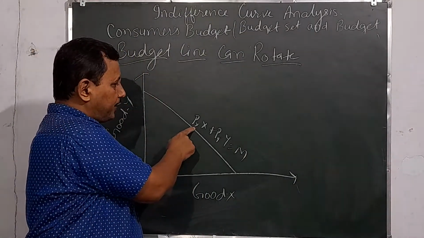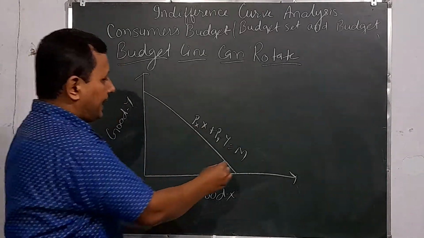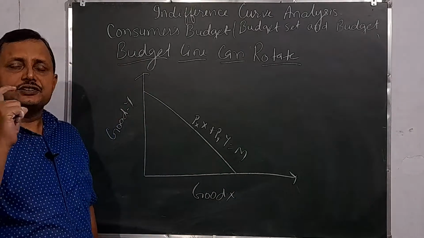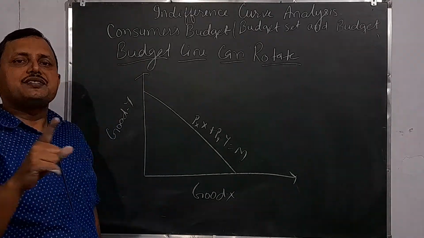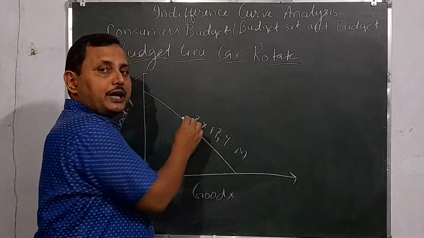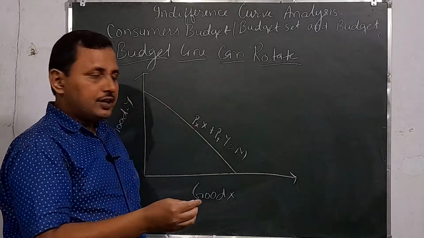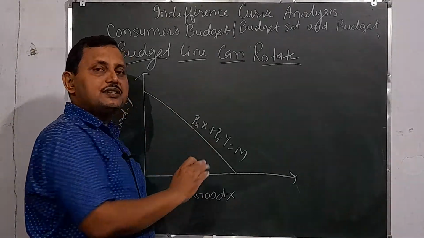Clear? Px is the per unit price of good X, Py the per unit price of good Y, where M is the budget of the consumer. In the second case, we assume that there is no change in budget. Budget remains constant. But say the price of good X is increased, or Px is increased, whereas there is no change in Py.